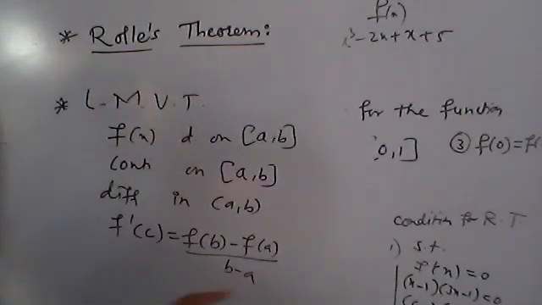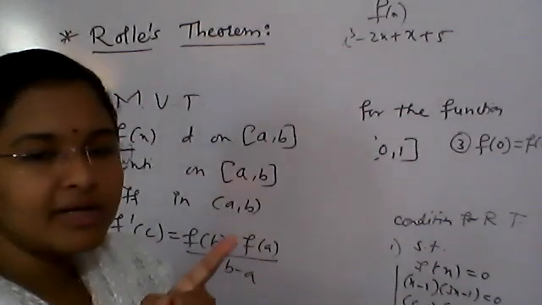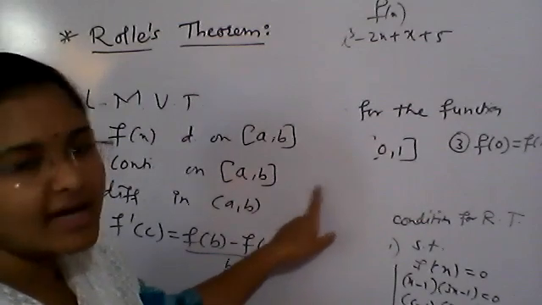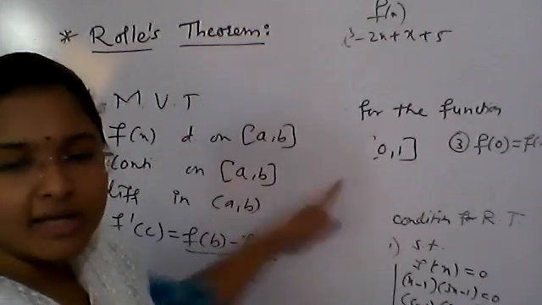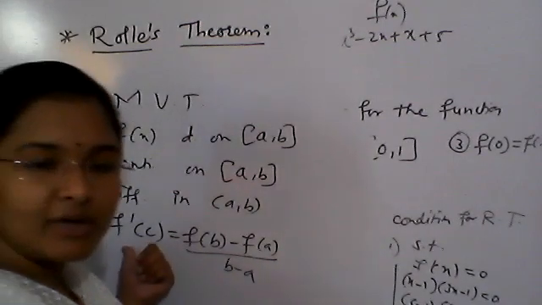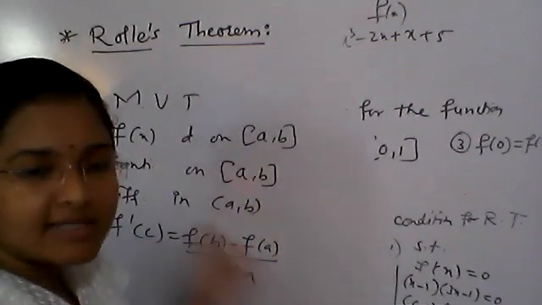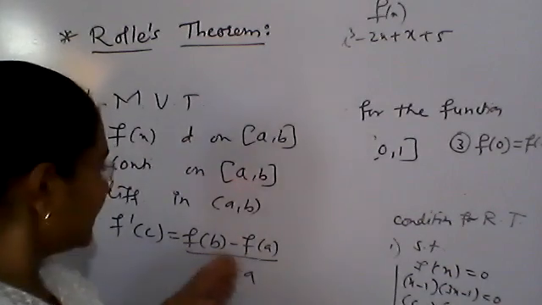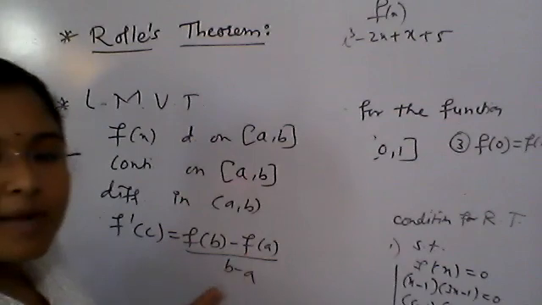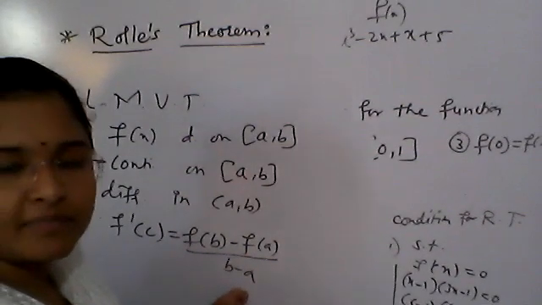Getting it, Utkarsh? In Rolle's theorem, what were we doing? In a third step we were checking that f of a equals to f of b. Yes, ma'am. Here what we have to do is equate the derivative of the function at point c with f of b minus f of a upon b minus a. Yes or no?